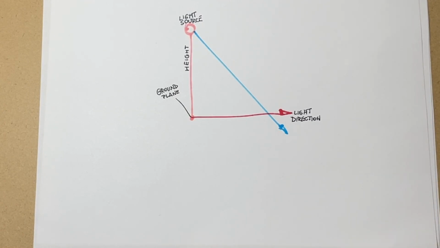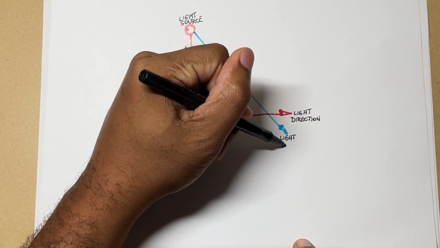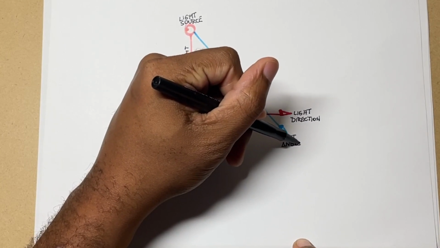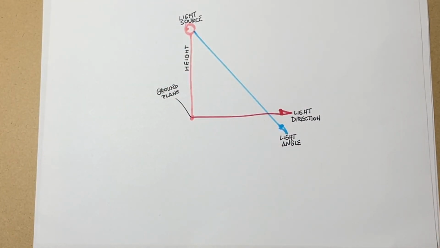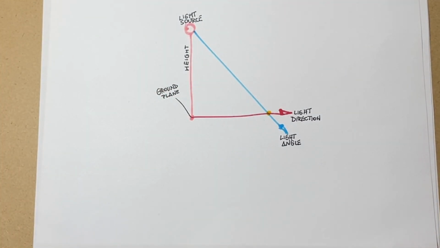This line sort of goes diagonally from the light source and crosses the light direction line. That line is called the angle line. And then where those two lines intersect, we're going to call that the shadow edge.